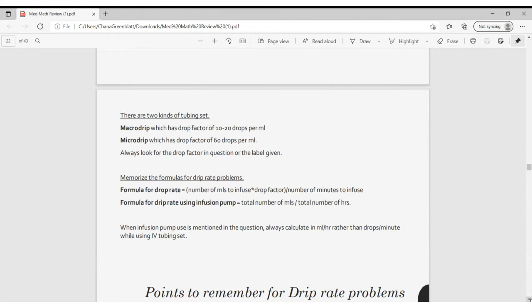The logic behind it is that the tubing is much smaller, so it has to drop more times in order to get an ml. And in macro drip, the drips are just flowing more freely, and so you have to do fewer drops per ml to accomplish that 20 drops per ml, which we talked about before.